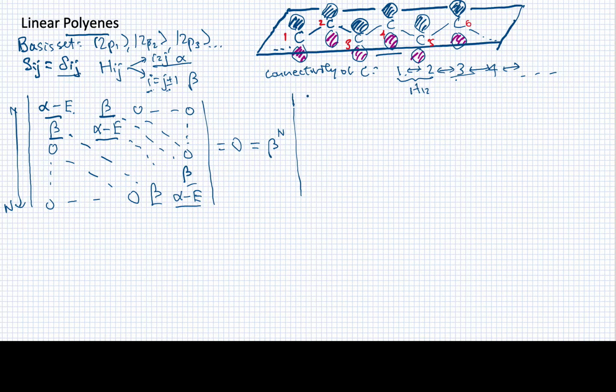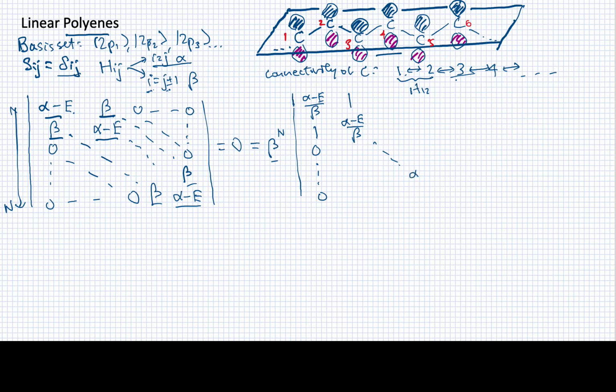And then at each of the diagonals, I would have alpha minus E over beta, because I've factored the beta out. For the one below that, it would just be 1. And then I would have zeros the rest of the way down. For the middle one here, I'll have alpha minus E over beta, and 1 again, and so forth.